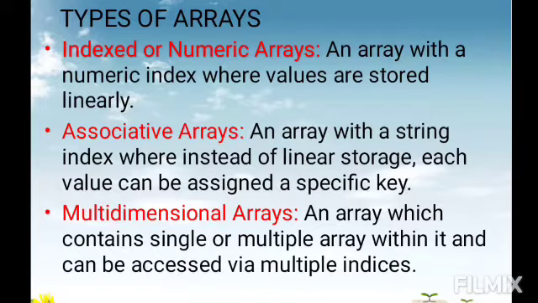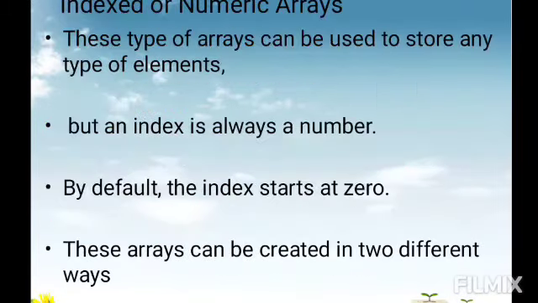Instead of linear storage, each value can be assigned a specific key. Third is multi-dimensional arrays. An array which contains single or multiple arrays within it and can be accessed via multiple indices is called a multi-dimensional array.